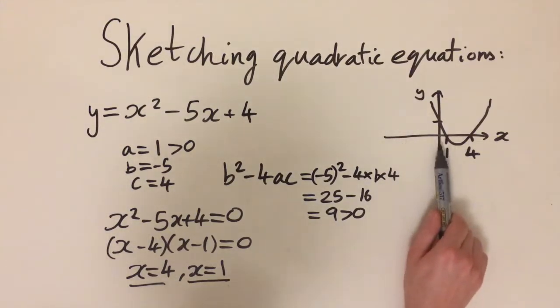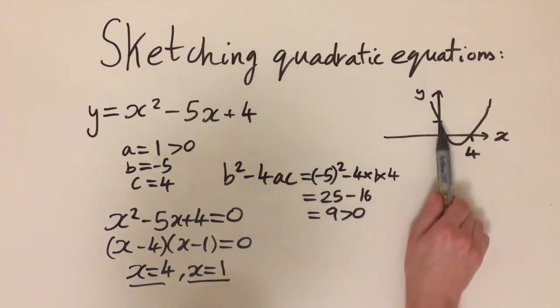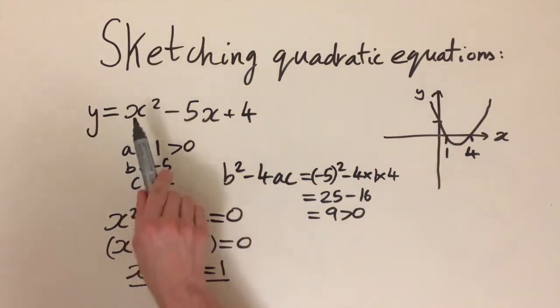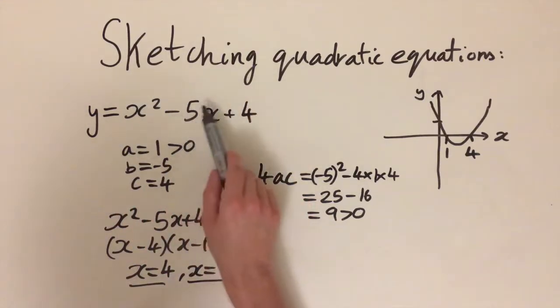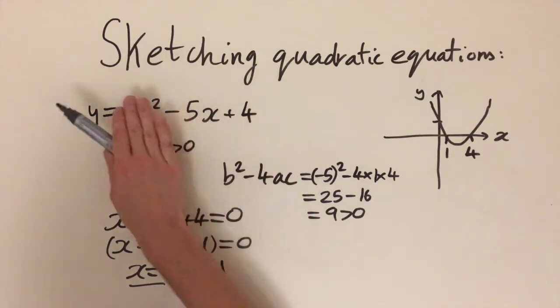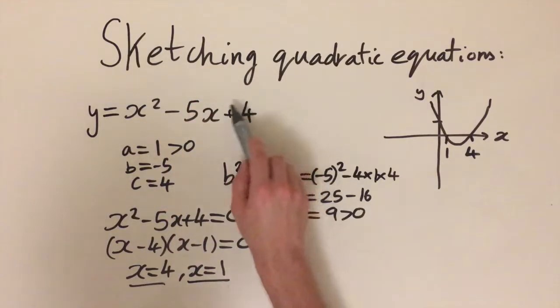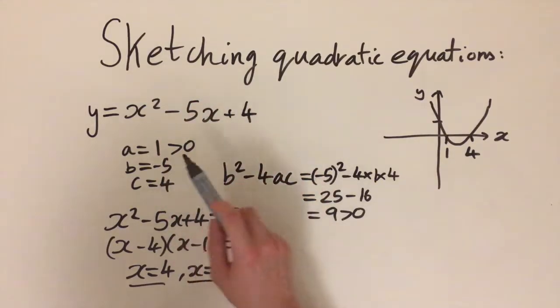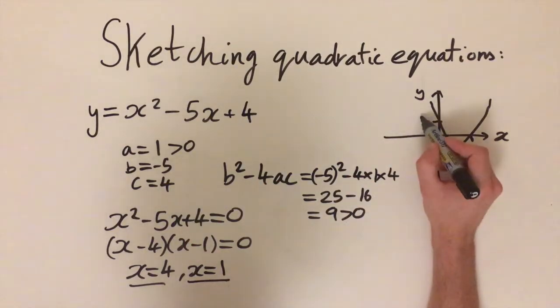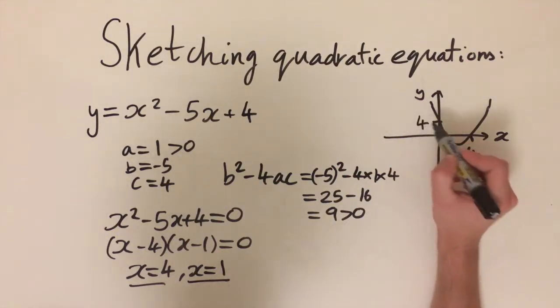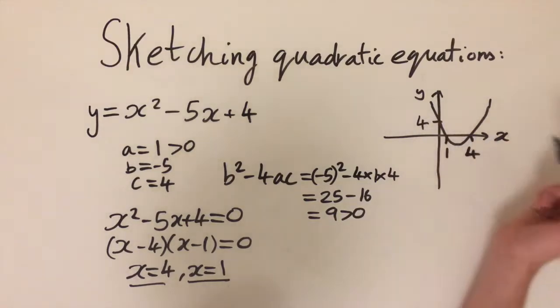And if we are at the middle, at the y-axis, this is where x is equal to 0. So if we set x equal to 0 here, this goes away. 0 squared is 0, minus 5 times 0, that's 0 as well. So we're just left with this coefficient here, the constant, the c term. So this value of c tells us how high up the graph is, the y-intercept. So this is 4 in this case.